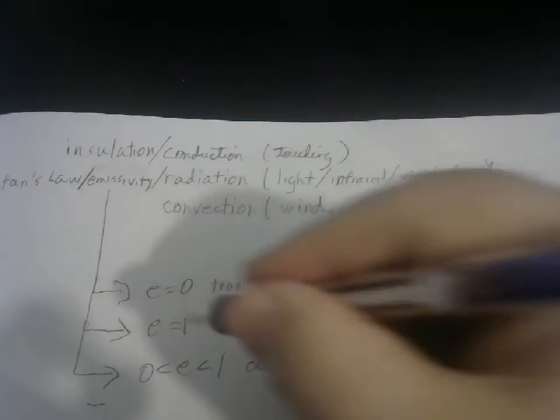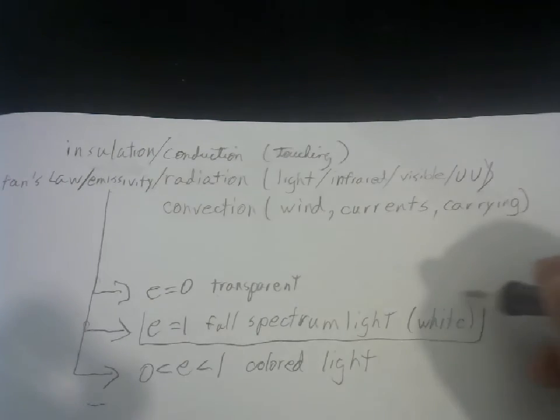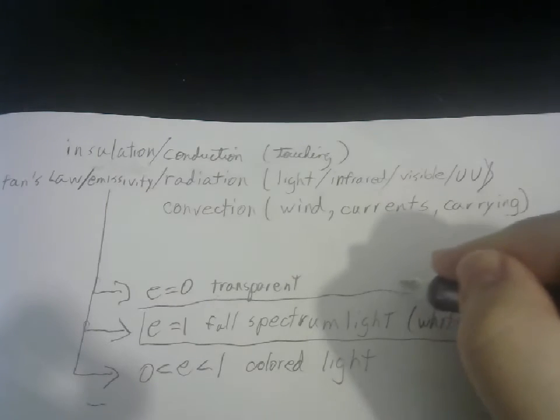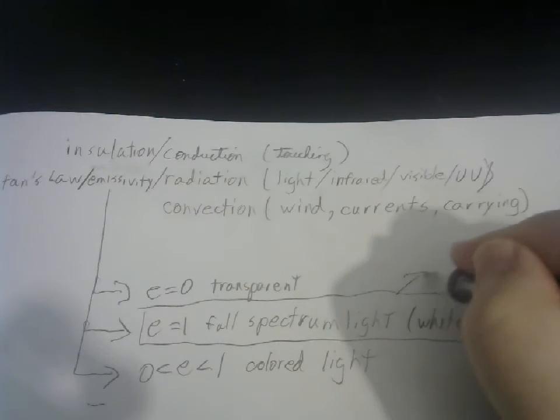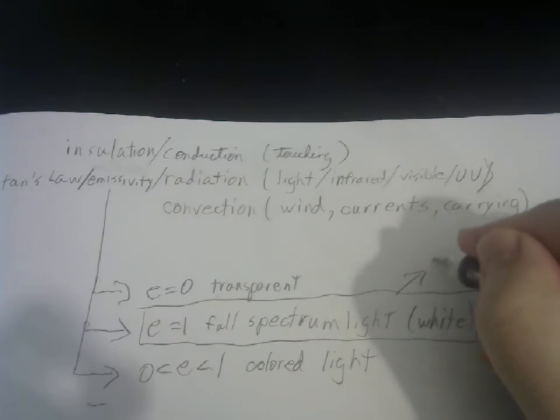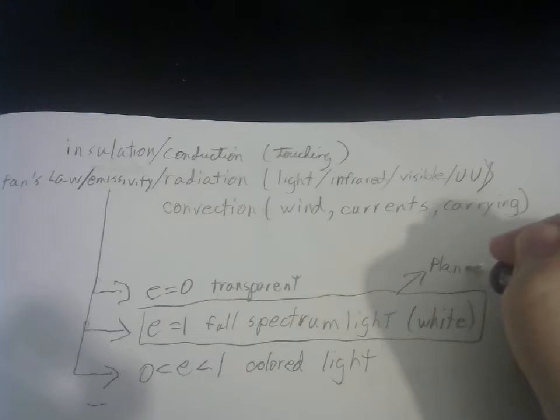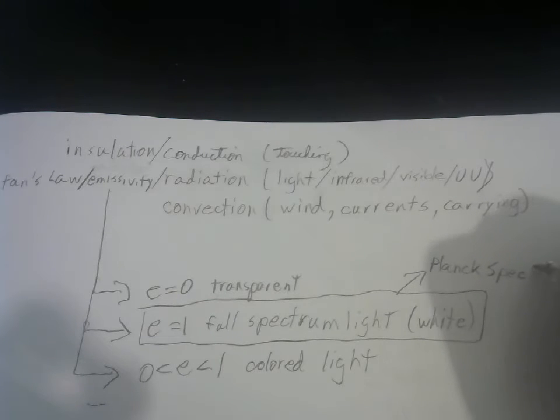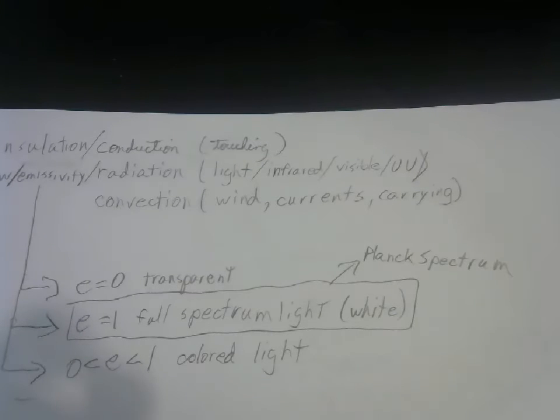Now I'm going to show you a couple of graphs that are associated with the full spectrum white light. It's called a Planck spectrum. There's a whole bunch of different light frequencies coming out of a star. And depending on the temperature of the star, you get different levels of light from each frequency.